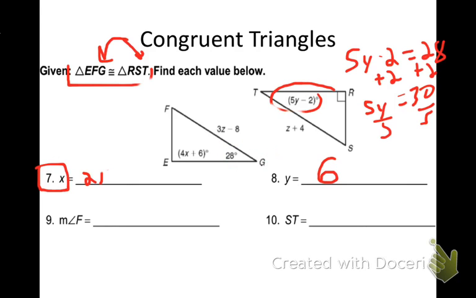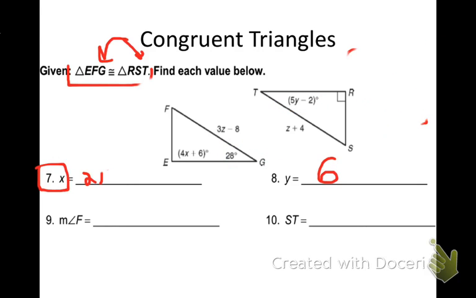So I can solve for the corresponding parts knowing how they match up together. And then I look at angle F here. Now I want to solve for angle F. If I look at angle F, I do not know it. But I do know X is 21, which means this angle right here, if it's corresponding over here, would be 90 degrees.